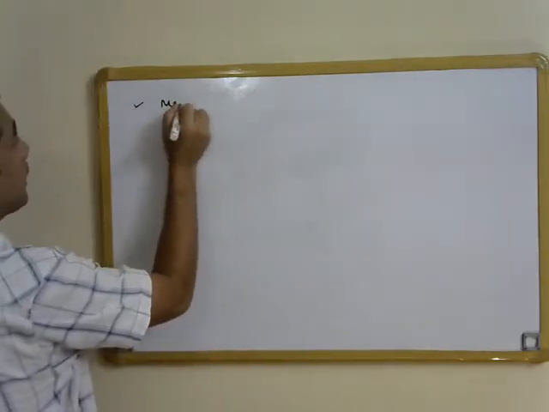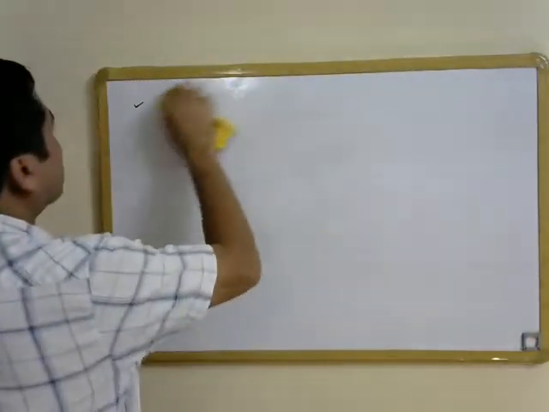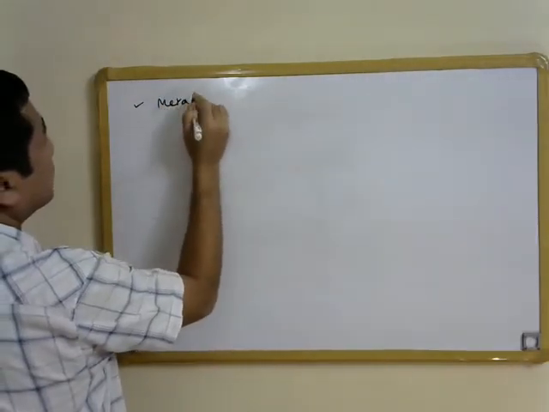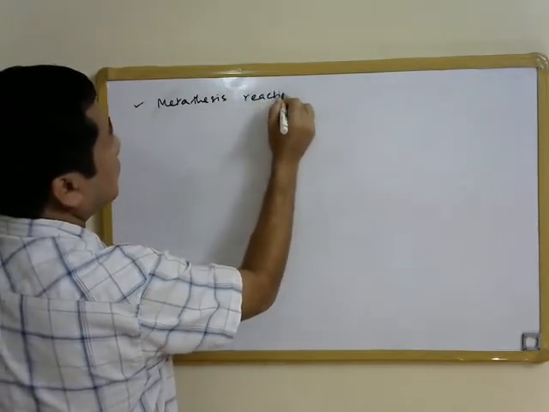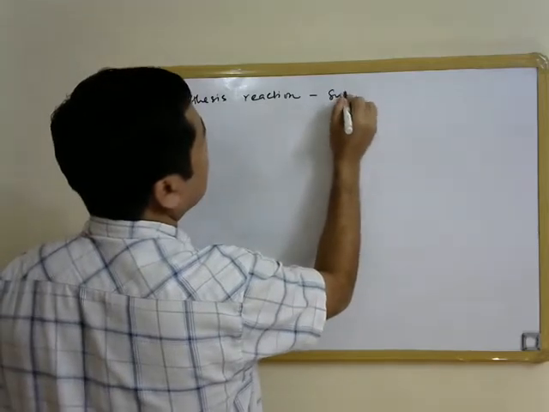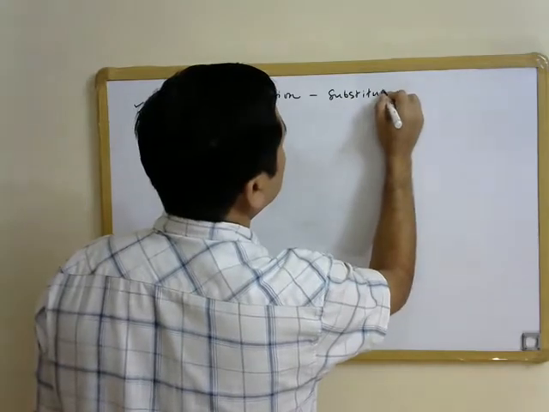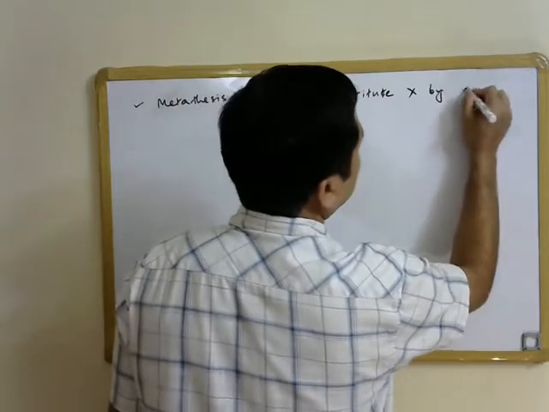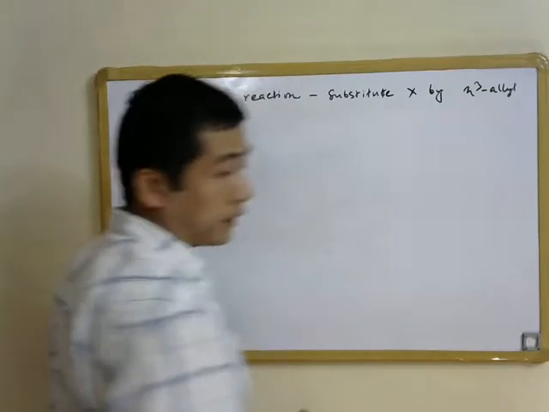The first one is the metathesis reaction, where you substitute a ligand X by eta 3 allyl ligand.